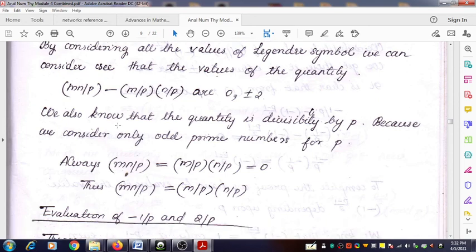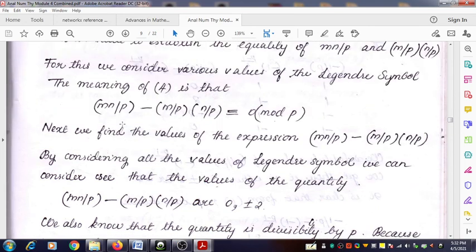And also this statement says that p can divide the quantity. Actually, what is p? p is an odd prime number. So p can have values varying from 3 up to infinity.